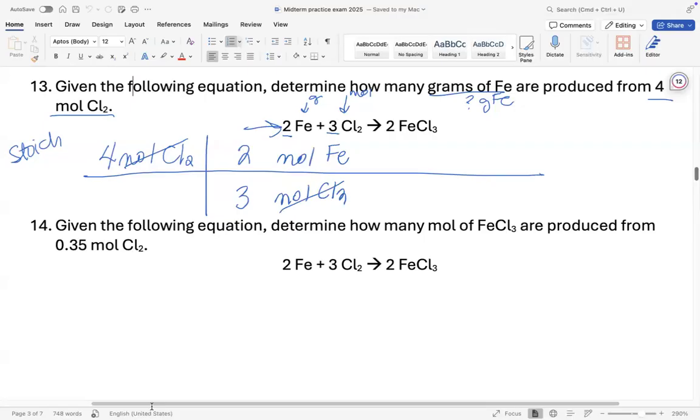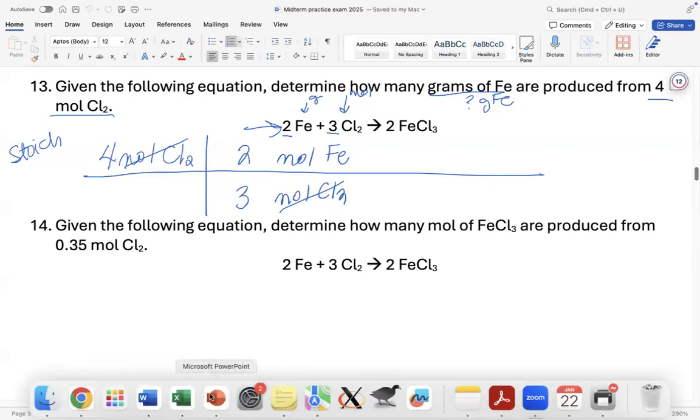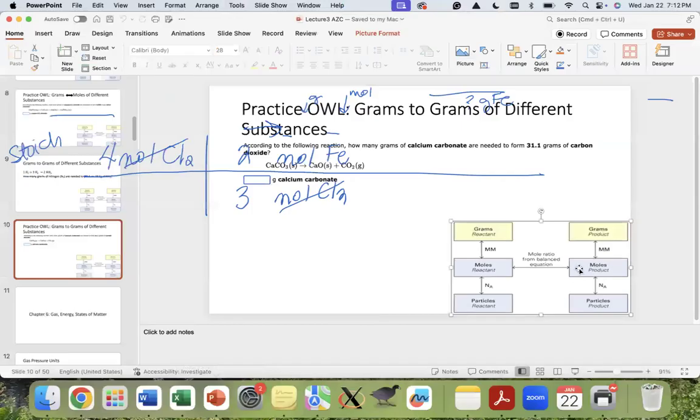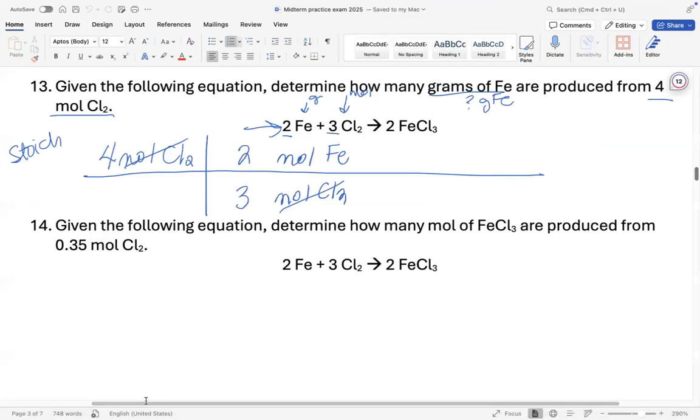So I'm halfway there. If we go back to our stoichiometry map, I'm here. Now I need to go to grams, and so I'm going to need the molar mass of iron. Like I said, you can go to your reference sheet to find all the molar masses. In this case, I'll give it to us. It's 55.85 grams per mole.